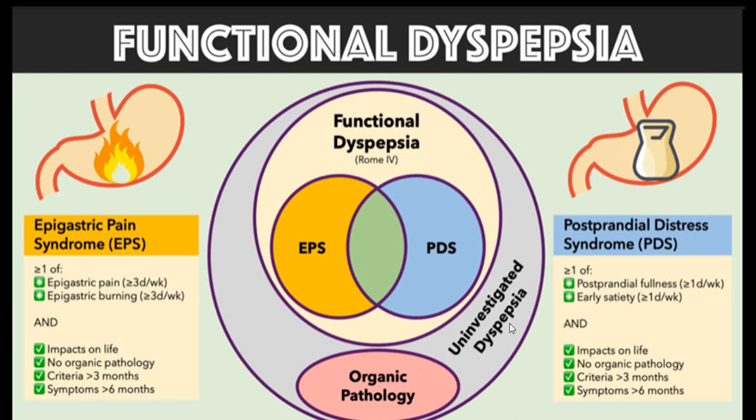After investigation we rule out organic, and once organic is ruled out, we put them into a group called functional dyspepsia. And functional we then divide into two big groups: epigastric pain syndrome and postprandial distress syndrome, and overlapping, that is containing both of the symptoms.